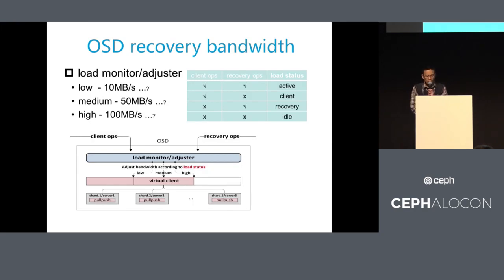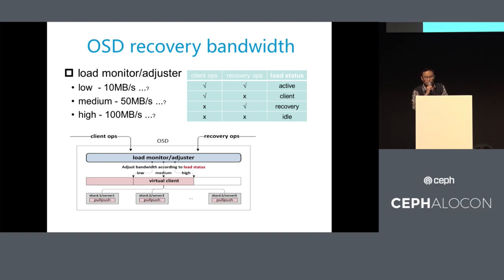Now we can set different target recovery bandwidth for an OSD as needed. Here it is ranked into three levels: lower, medium, and high. A load monitor and an adjuster are introduced to OSD. They monitor whether there is client OP or recovery OP or not.